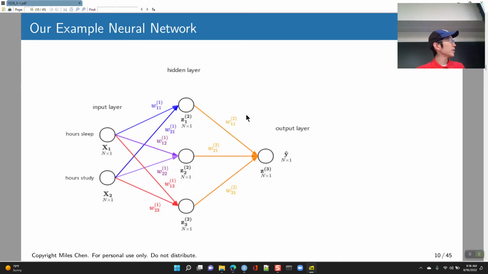So again, here's our neural network, and in finding the gradient, we want to see how our loss function changes with respect to our weight matrices.